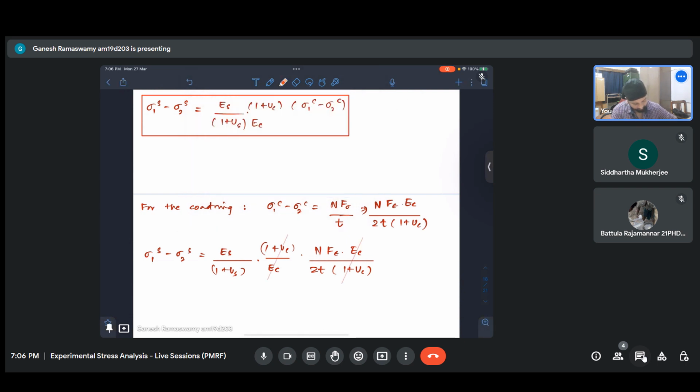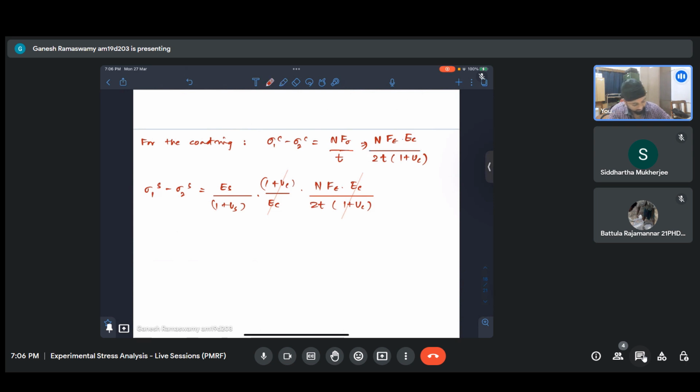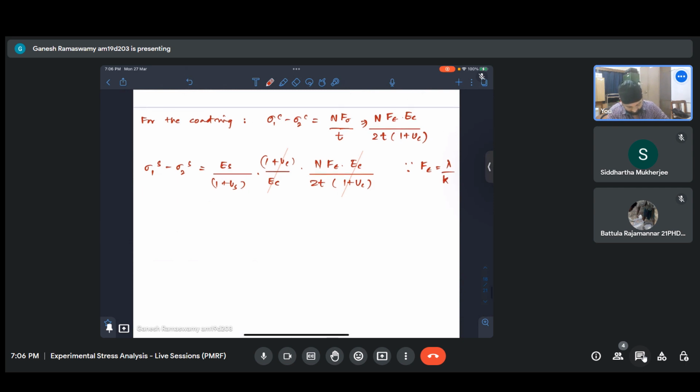And since f epsilon is nothing but lambda by k, I write sigma 1s minus sigma 2s as Es upon 1 plus mu s into n by 2t into lambda by k. This is our grand expression that we get towards the end.